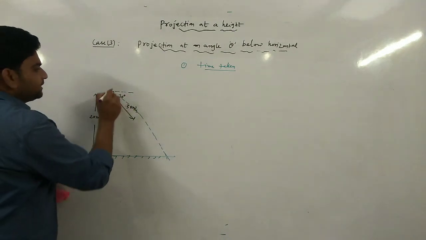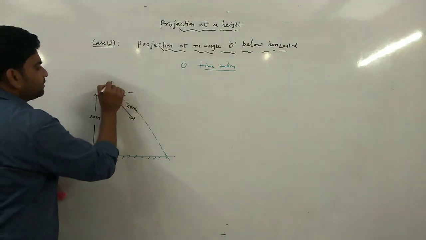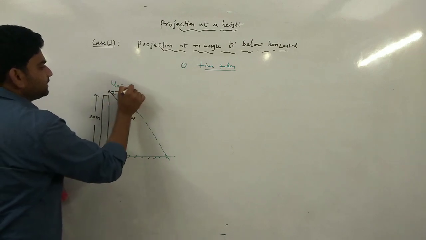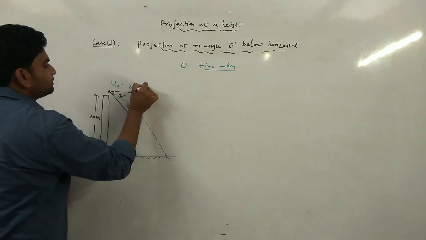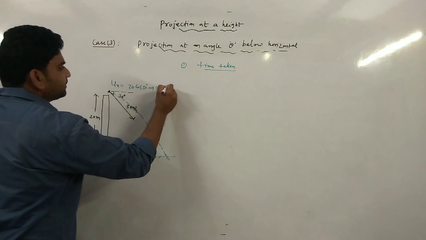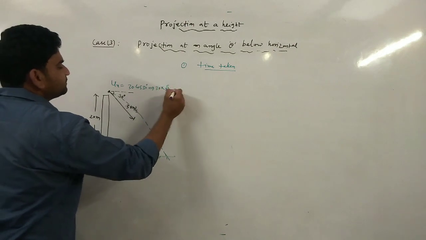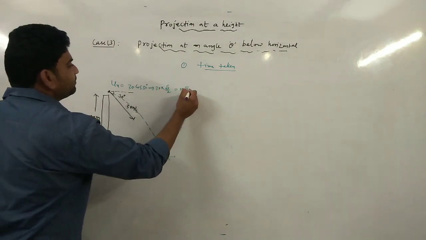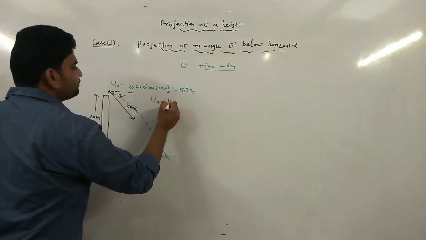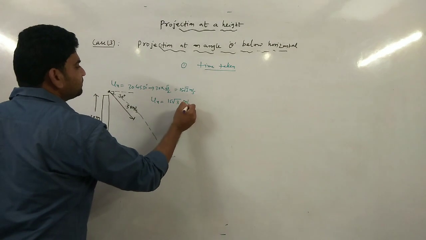So my ux becomes u cos theta, that is 30 cos 30 degrees, nothing but 30 into cos 30, which is root 3 by 2. This is 15 root 3 meter per second. So finally we got the ux value as 15 root 3 meter per second.